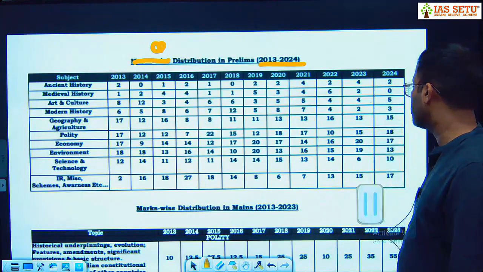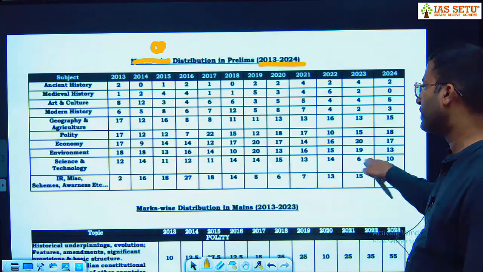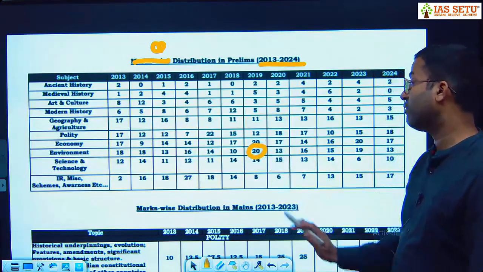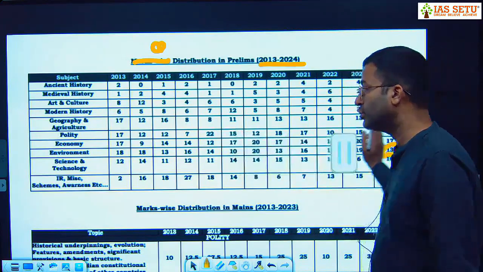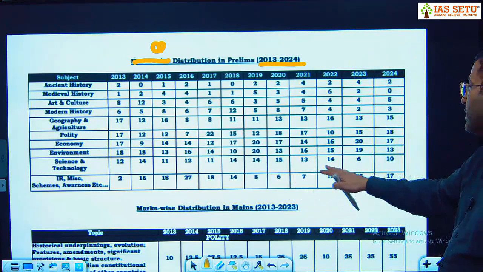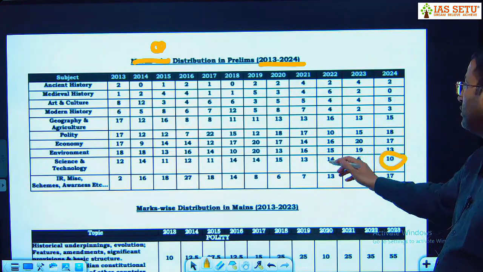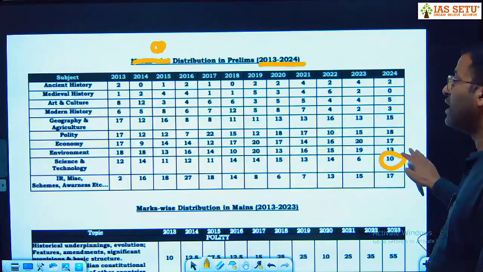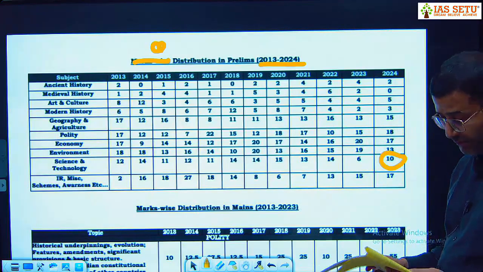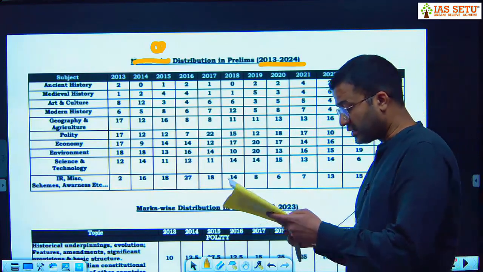Environment and ecology is in double digits; in 2019 they asked 20 questions, otherwise this year 13, last year 19. Science and technology: 10 questions in 2024, while in 2023 they asked fewer. So it gives an idea subject-wise.